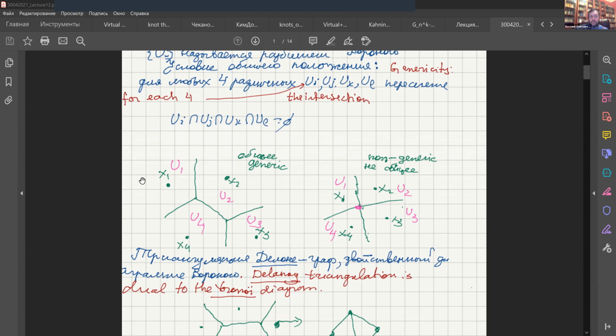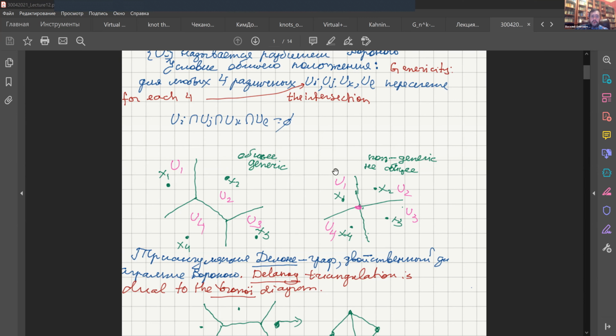Here is the generic situation when we have 4 points, and we have 4 regions like this. And you see, usually we have those vertices of valency 3, and actually we have here middle perpendiculars, and we have 3 of them meeting at one point.